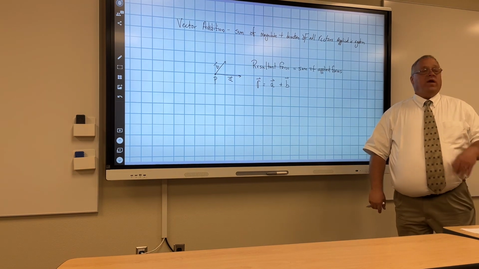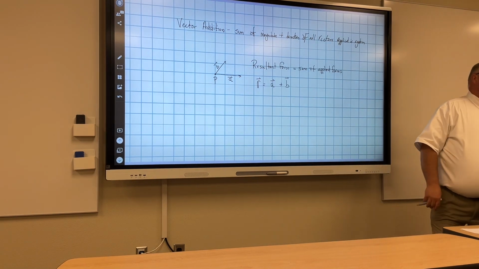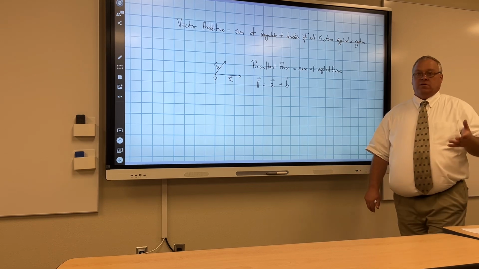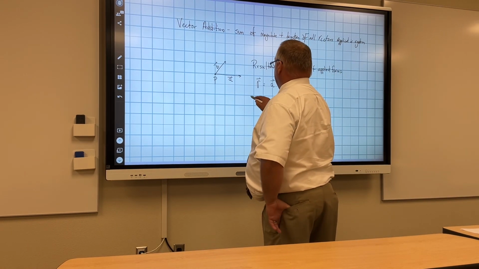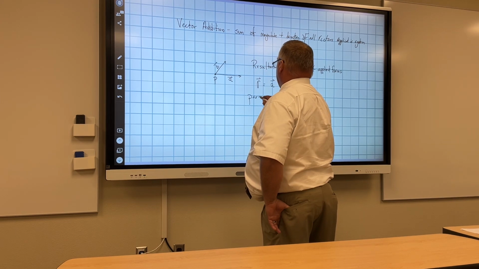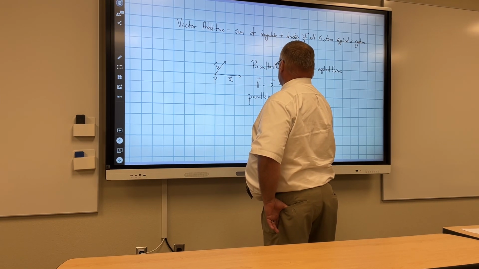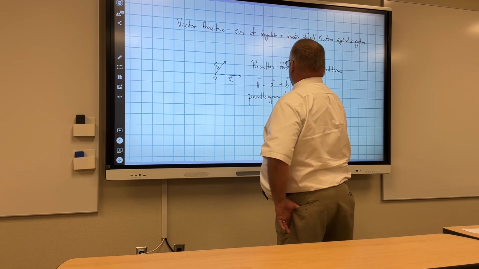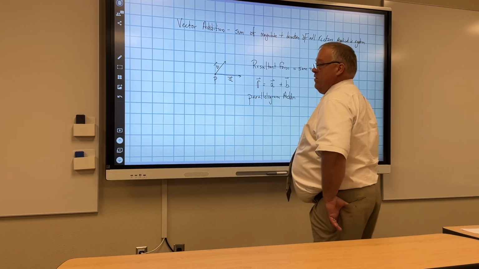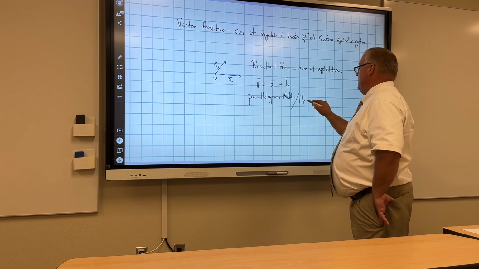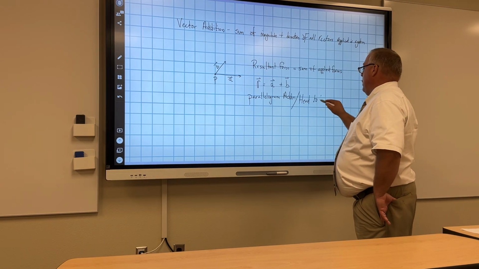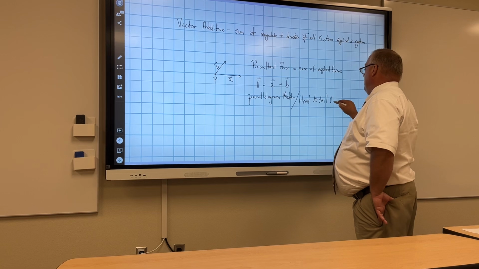We have two, maybe three different ways that we can do that. The first way is referred to as the parallelogram method. And if we want to be a little bit less politically correct, it's the head to tail method.